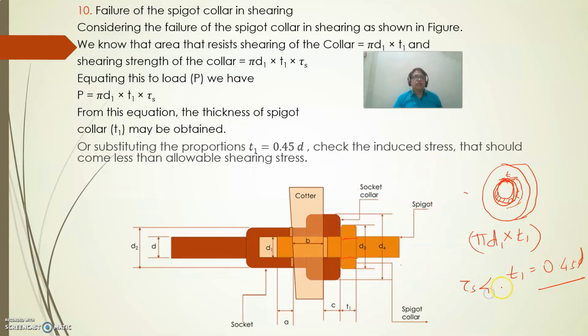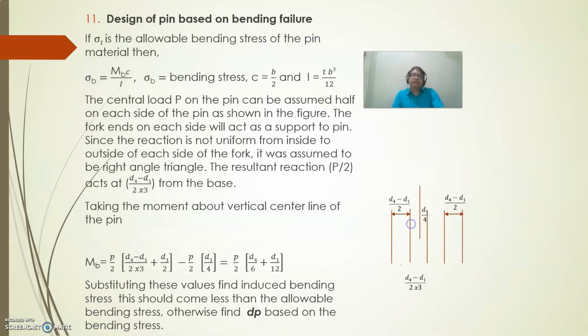It should come less than tau s allowable. Or else, if it is coming more than this, put the value of tau s here and find t1 from that. So collar thickness can be calculated by considering shear failure.